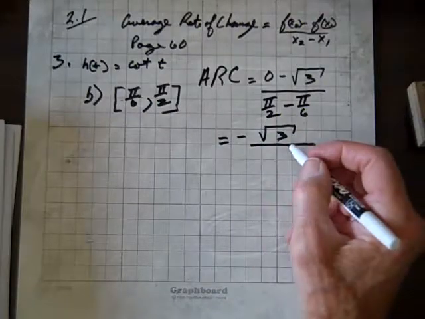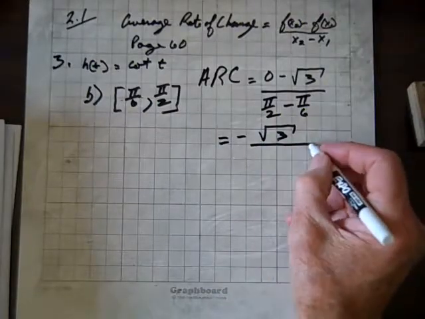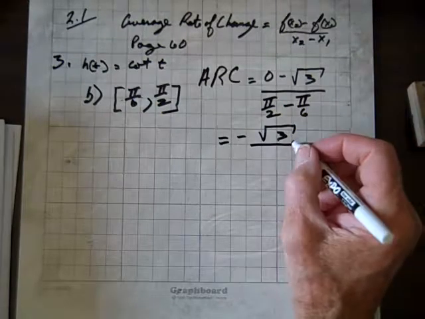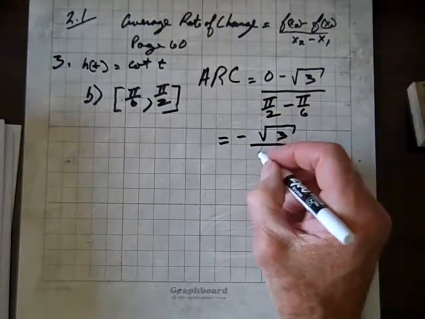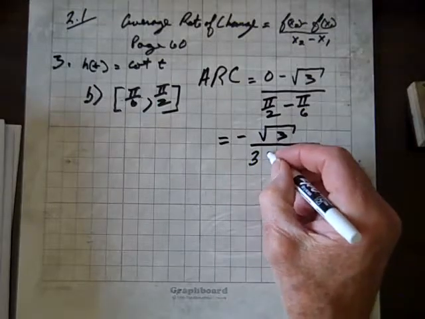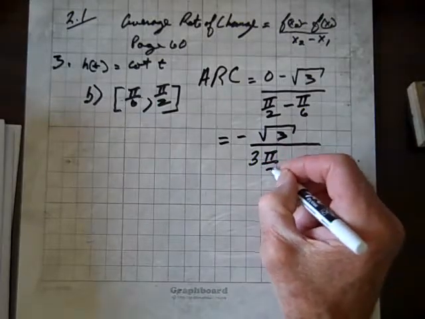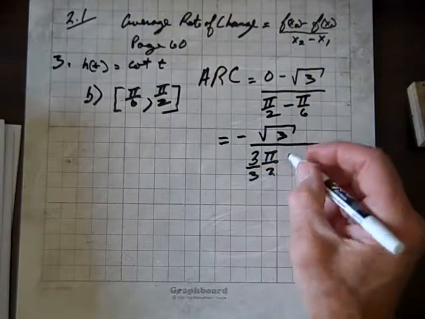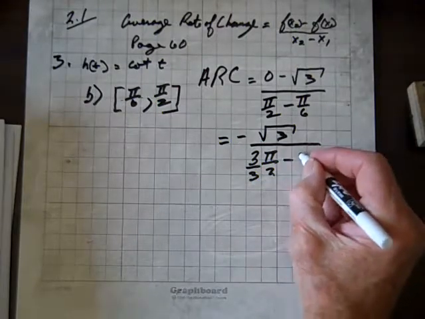Downstairs we need a common denominator, and that common denominator is going to be 6, so I'll multiply pi over 2 by 3 over 3 to get that common denominator.